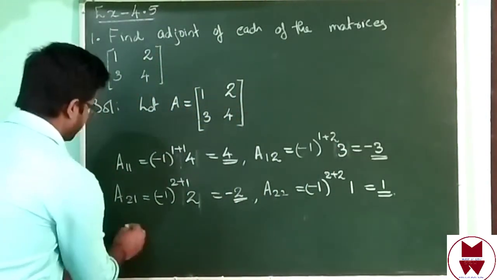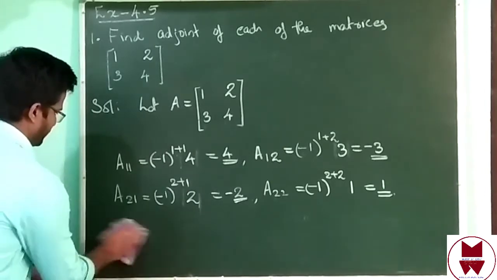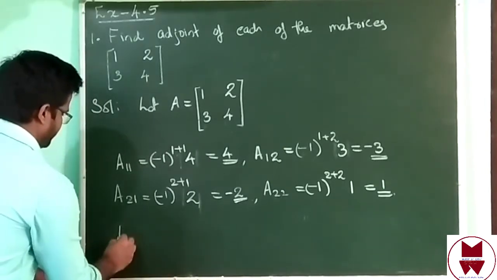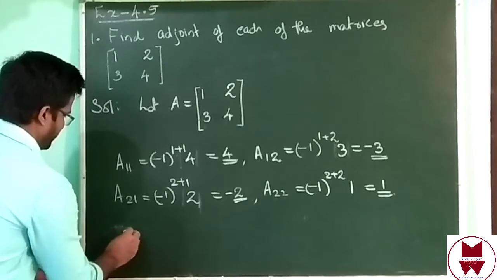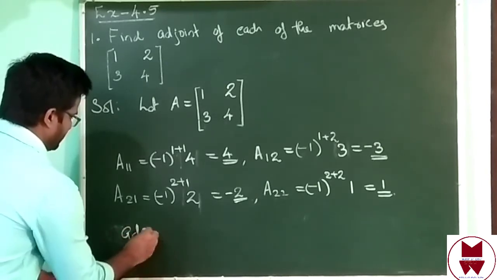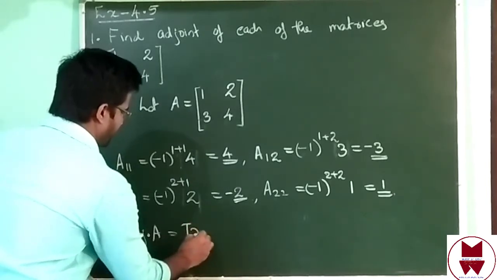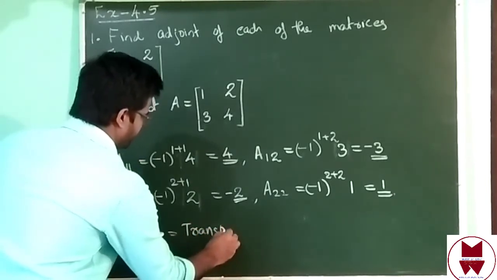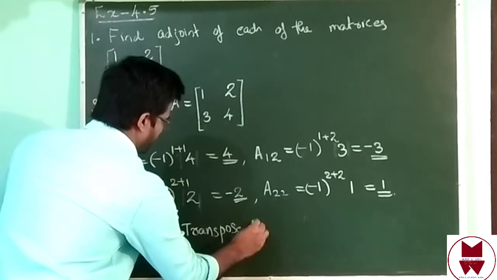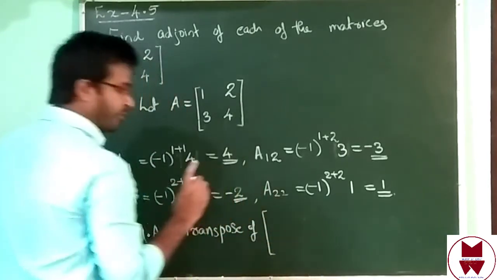Then the question: find the adjoint. Adjoint of A equal to the transpose of the cofactor matrix.